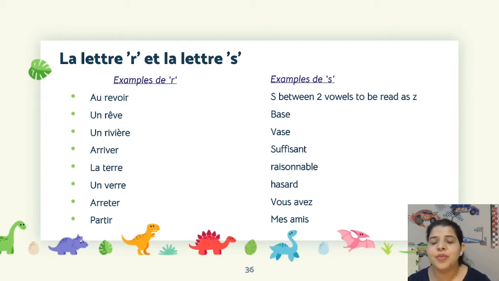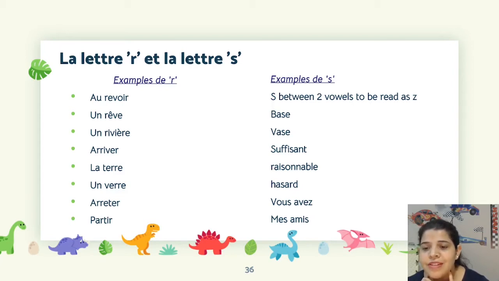All you have to do is touch your throat from here, and you feel a little vibration in your throat when you pronounce this letter R. If you feel that little vibration, you are pronouncing this letter correctly.